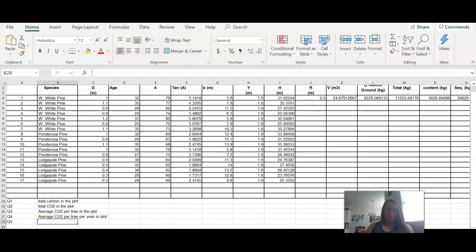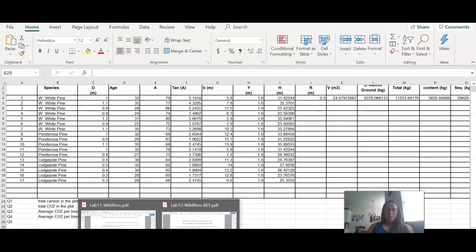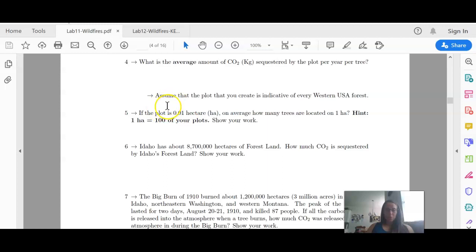Alright, question 5. To do this, you need to assume that the plot that you create is indicative of every Western USA forest. That is obviously not true, but you're just going to assume that that is the way it is. So if your plot is 0.01 hectares, which it is, on average, how many trees are located on 1 hectare?